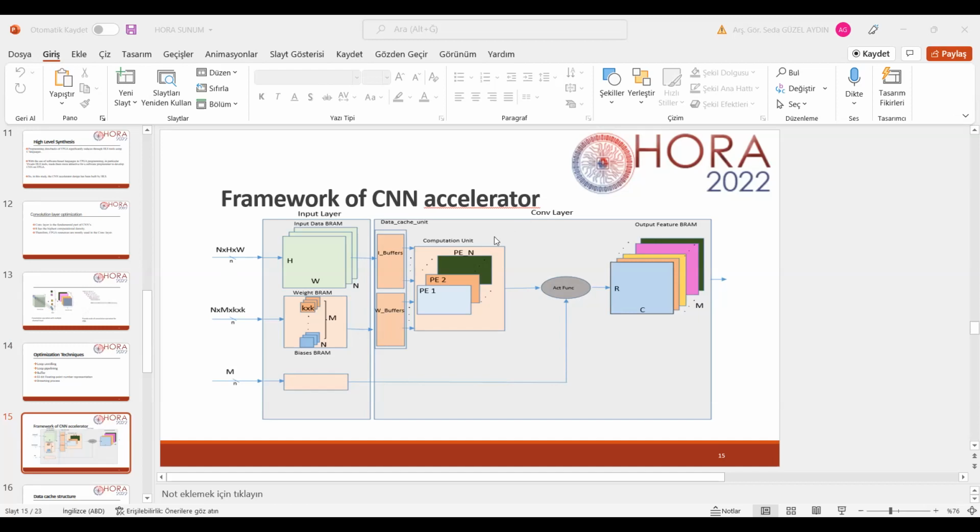The convolution layer is responsible for calculation. It consists of three parts: the data cache unit, the computation unit that consists of processing elements, and the output feature VRAM. The number of processing element units is determined by unrolling the input feature maps.